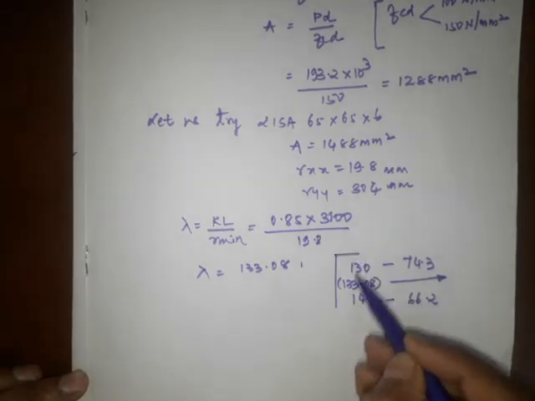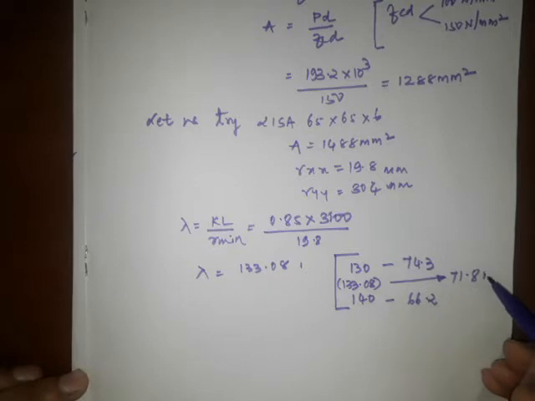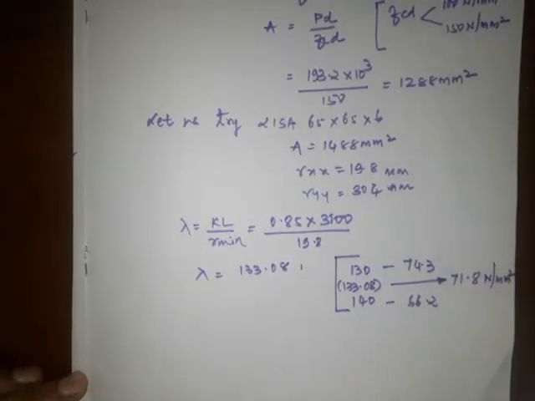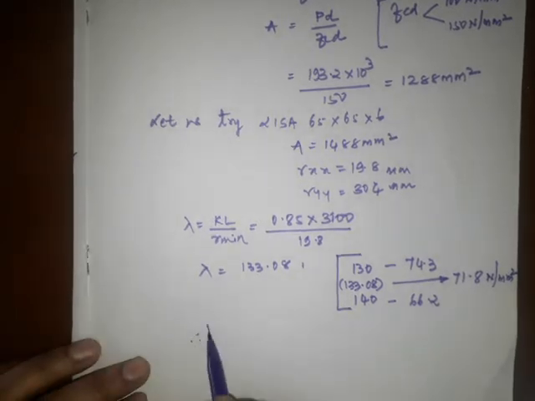After interpolating we get the value of FCD as 71.8 Newton per mm square.